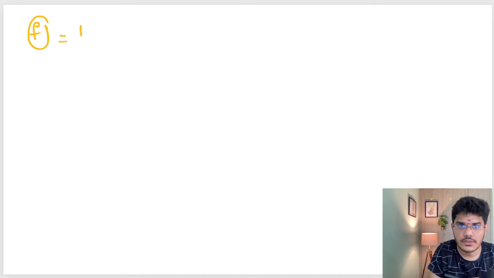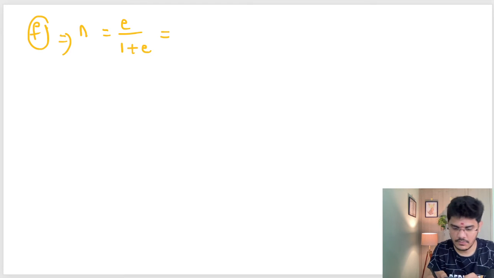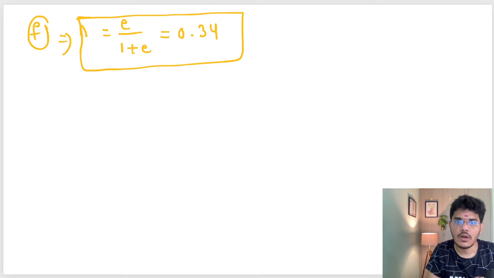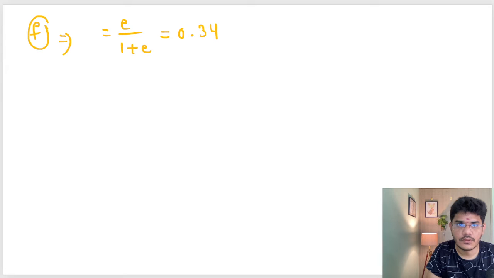Next, porosity we can easily calculate, since we know the void ratio. N is equal to E by 1 plus E, 0.516 divided by 1 plus 0.516. So 0.34. How have we calculated porosity? Since we have the relationship between void ratio and porosity.